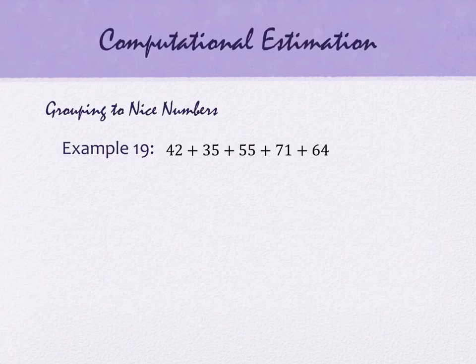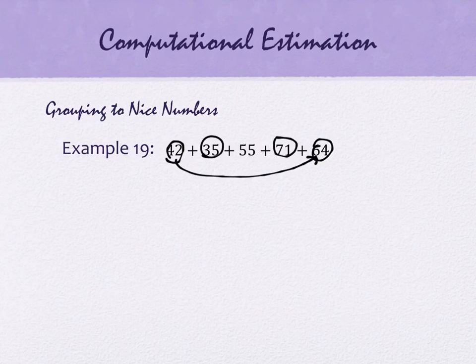So what pairs of numbers might you group in this particular list of numbers? 42 and 64. Okay, that sounds like a reasonable one, 42 and 64. Anything else you might group? 35 and 71. I think those are maybe a little closer to 100. Sure. So that's another 100.